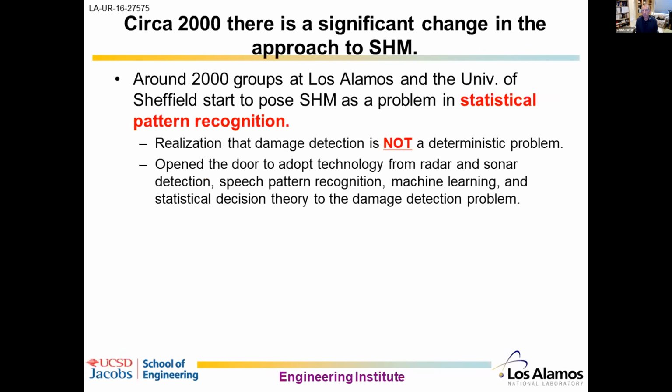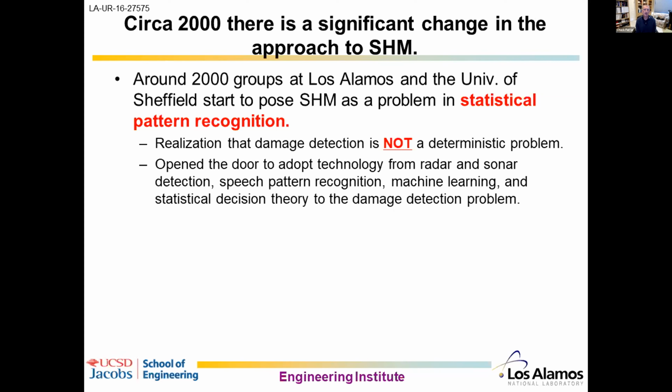Once you accept that structural health monitoring is not a deterministic inverse modeling problem, I guess it would still be an inverse modeling problem potentially, but not a deterministic one, you can bring a lot of tools from other technologies to bear on the structural health monitoring one.